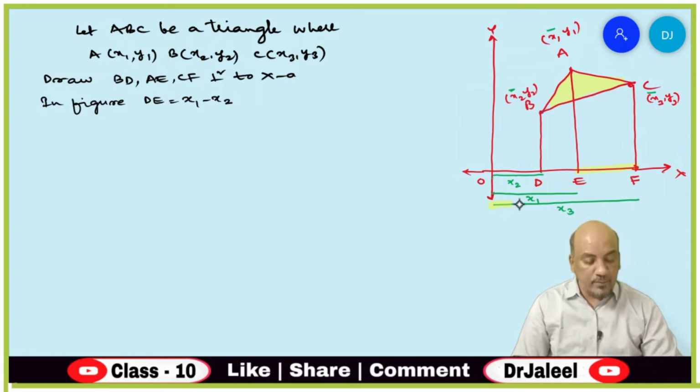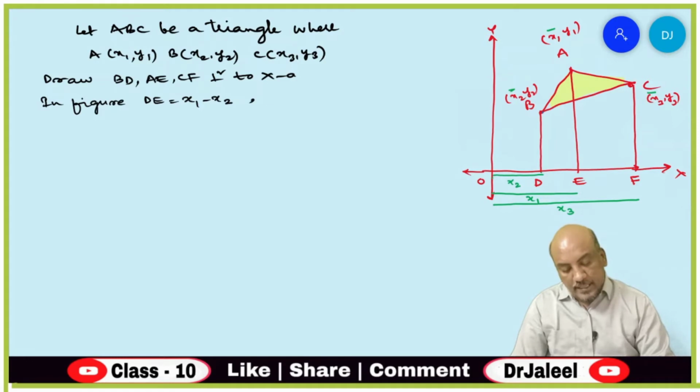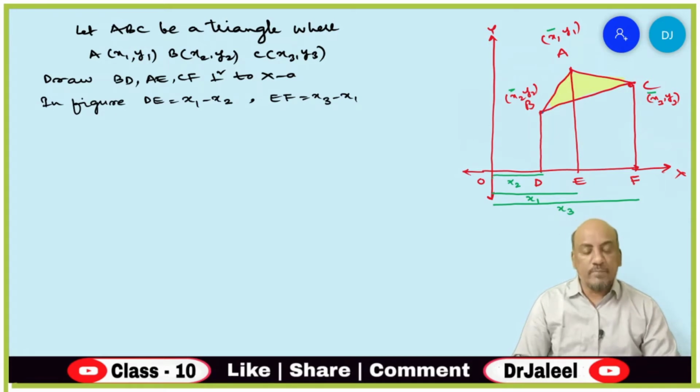Again, same way, whole distance x3 minus this distance, that is x1. So EF is equal to x3 minus x1. Same way, we also need this DF. How do you get this DF, children?